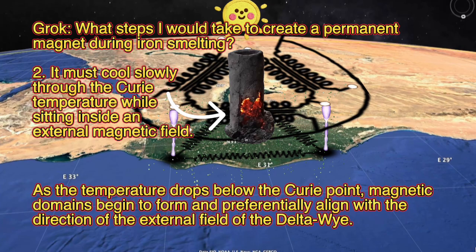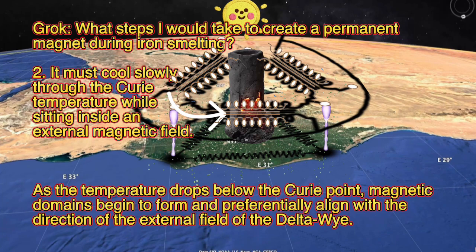As the temperature drops below the Curie point, magnetic domains begin to form and preferentially align with the direction of the external field of the delta Y. In Egypt, the powerful external field was the Y field of inductance that formed here, here, and here. Anything you would have smelted inside of this magnetic field would have aligned to the magnetic field of the delta Y itself.